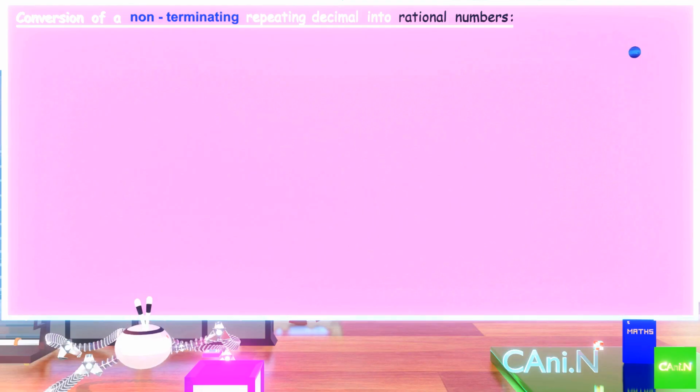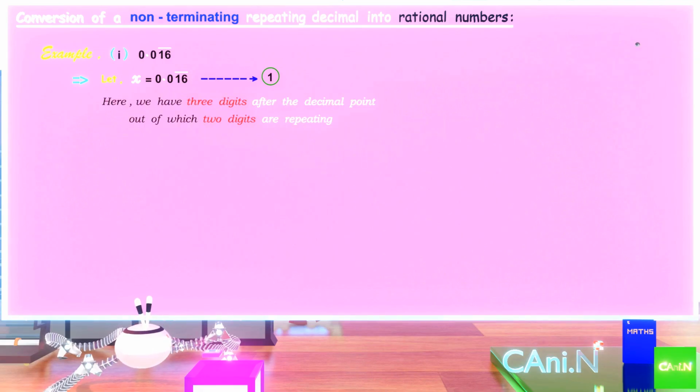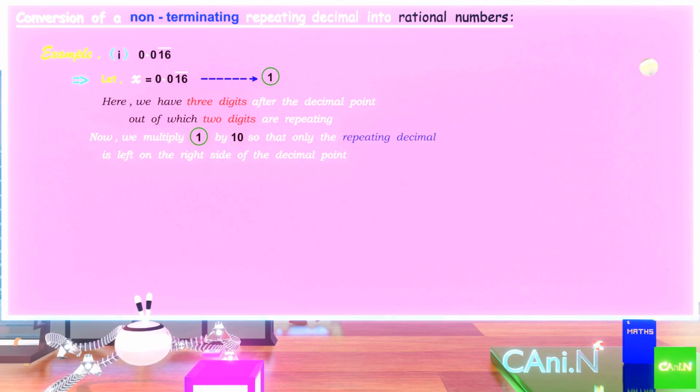Conversion of a non-terminating repeating decimal into rational numbers. Example, 0.016 bar. Let x equals 0.016 bar. Here, we have 3 digits after the decimal point, out of which 2 digits are repeating. Now, we multiply equation 1 by 10, so that only the repeating decimal is left on the right side of the decimal point.